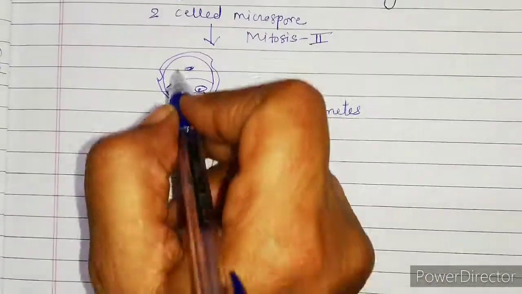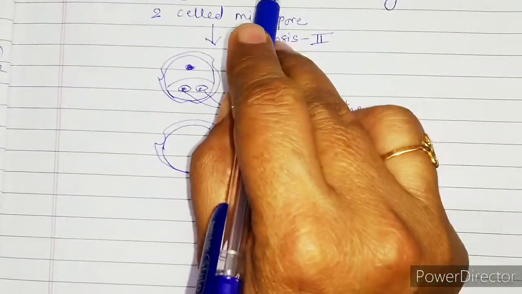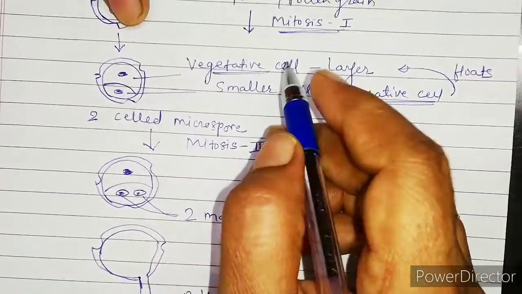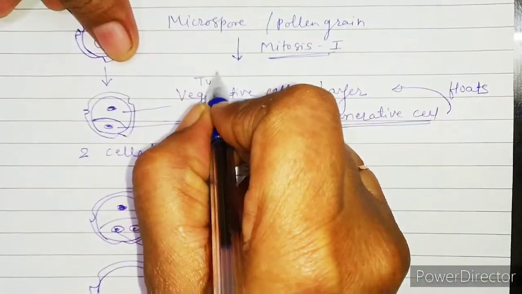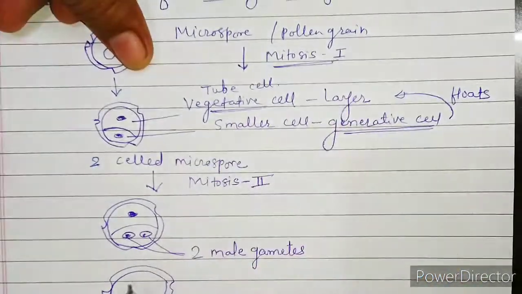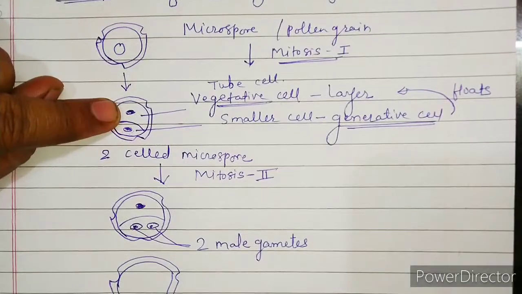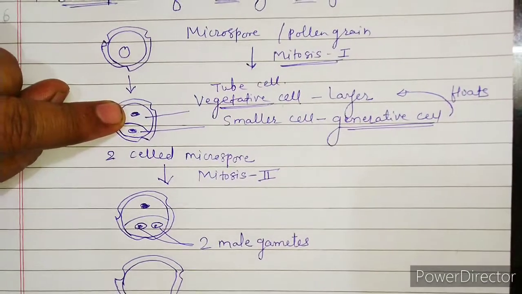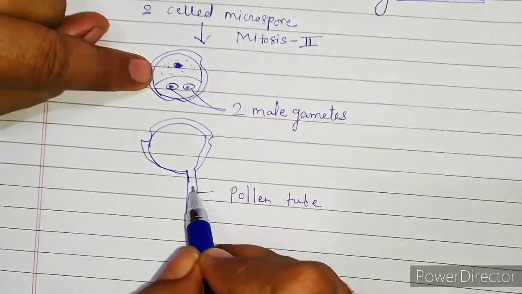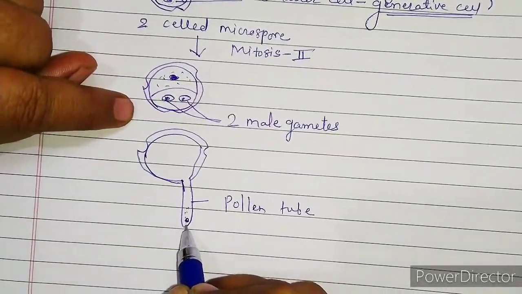This is the nucleus of the vegetative cell. This vegetative cell is also called the tube cell. The nucleus of the tube cell also enters into the pollen tube. The cytoplasm of the tube cell or vegetative cell also enters into the pollen tube.